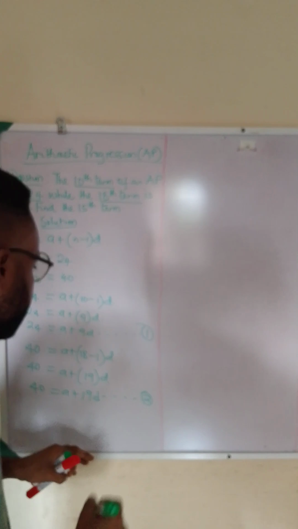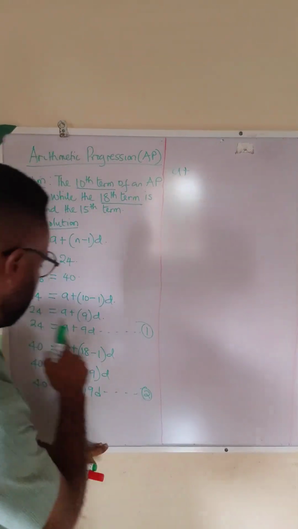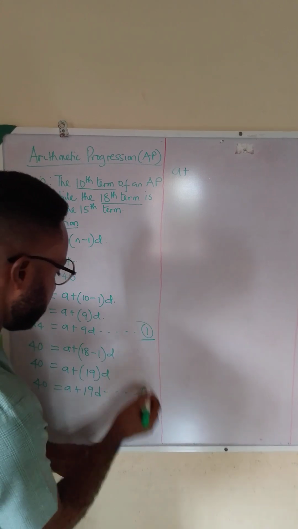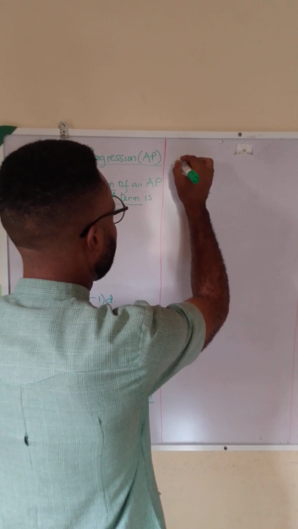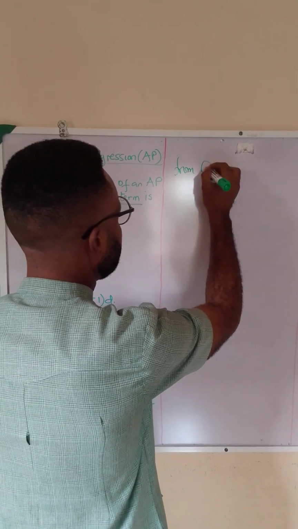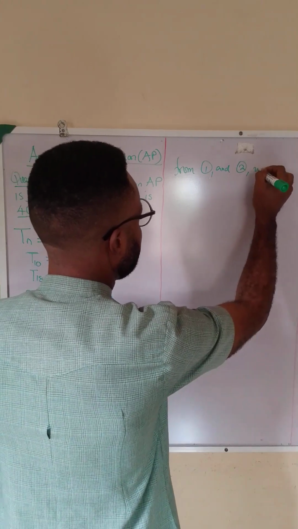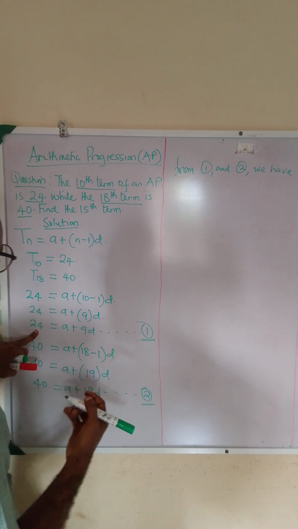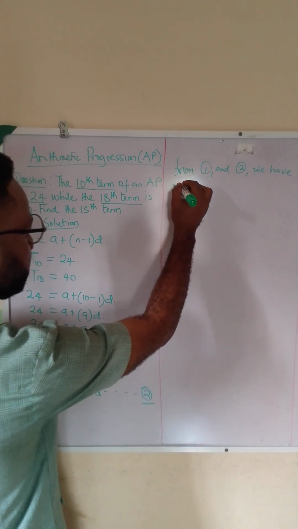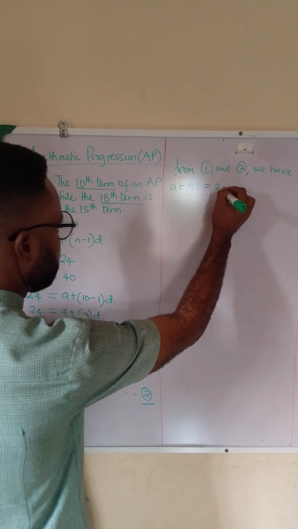So writing out our equation again, from equation 1 and equation 2, this is equation 1, so we can write it as A plus 9D equals 24.